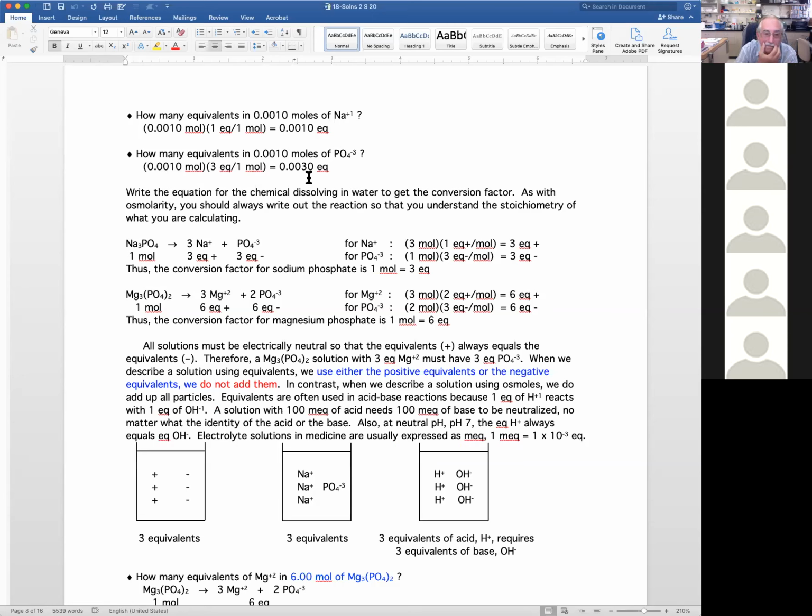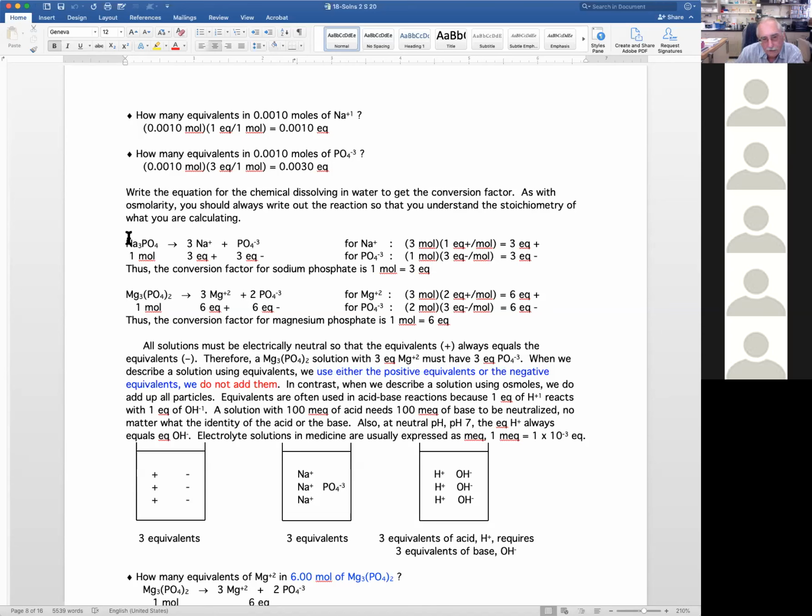So here's why we use the word equivalent. A solution has to be electrically neutral, right? It can't be charged. So if I have a solution with 0.003 equivalents of phosphate, that means I need 0.003 equivalents of sodium to make it a neutral compound.